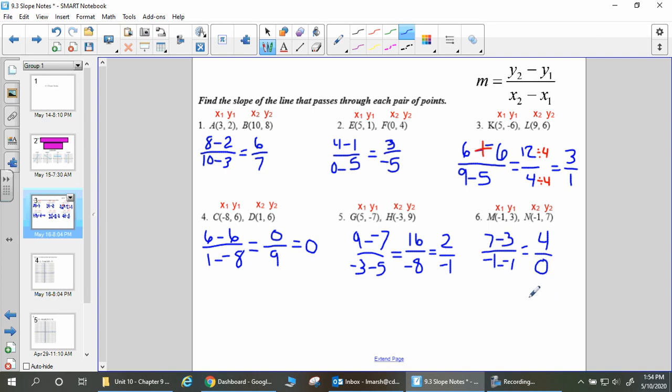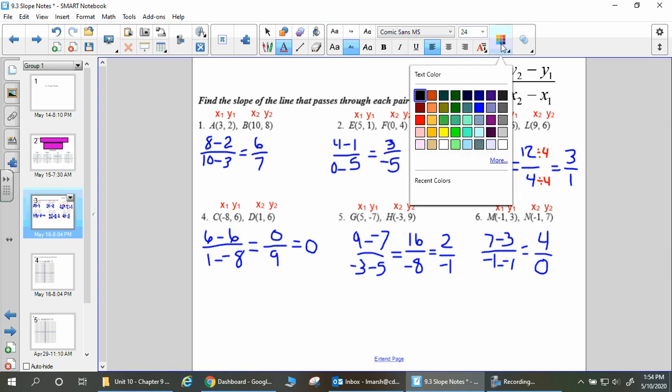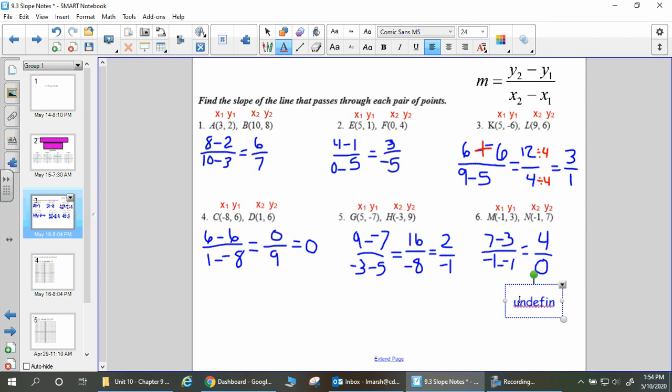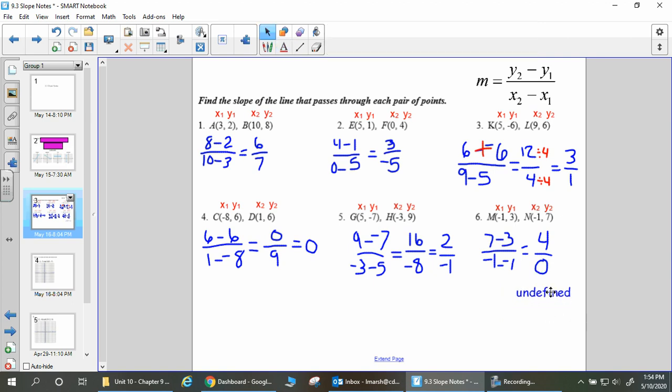If you try and put this into a calculator and you say, hey, I have 4 divided by 0, you're going to get an error message in your calculator. And that's because this is undefined. So remember the 4 types of slope. Undefined is the one that gives us that straight vertical up and down line. Anytime you have 0 on the bottom, this word undefined is actually what you want to write for slope.